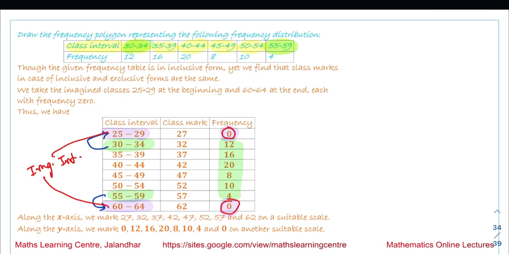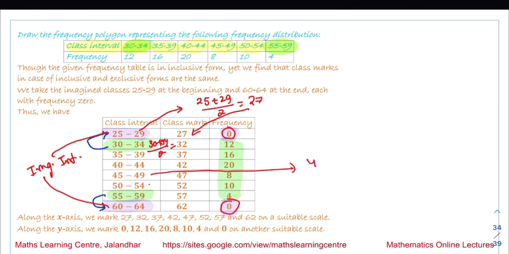So the class mark corresponding to these intervals: when calculating this, it is 25 plus 29 by 2. So the answer we get is 27. Next it is 30 plus 34 by 2. The answer you will get is 32. Suppose I am talking about this interval, so it is 45 plus 49 by 2.